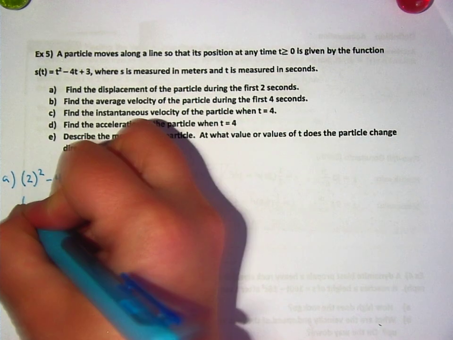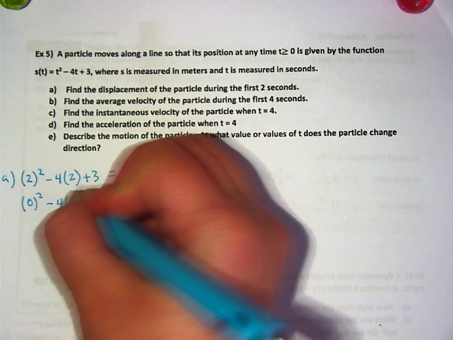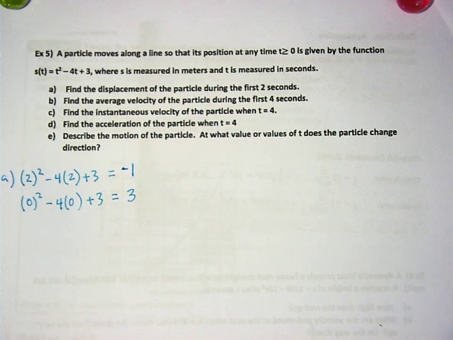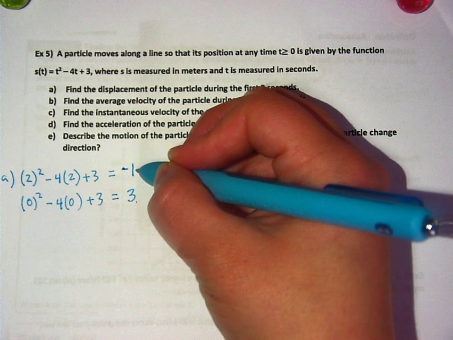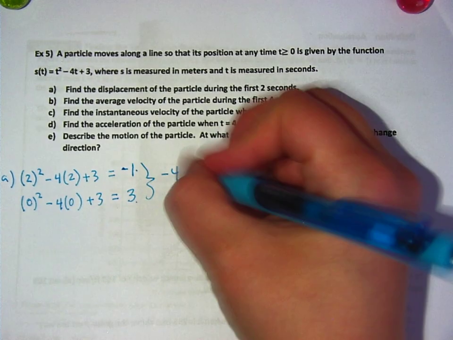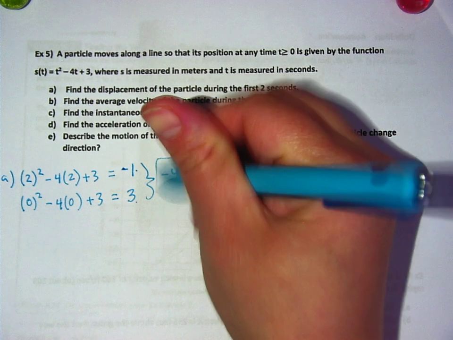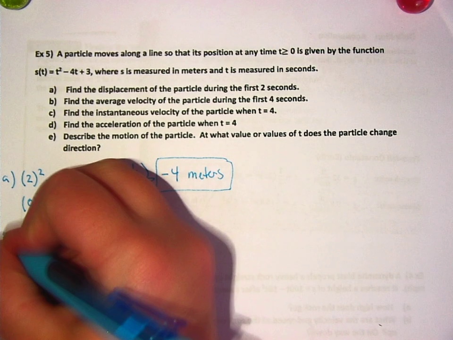And then we have to do 0 where it started, which is 3. So it went from 3 to negative 1, which means it moved negative 4 meters. And this is on a number line, so it's basically saying that it's moving left and right. It moved negative 4 meters, so left 4 meters.